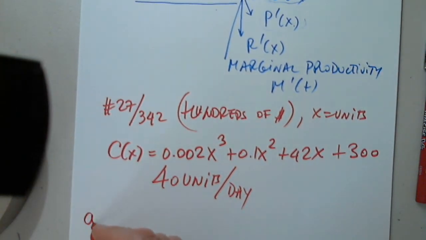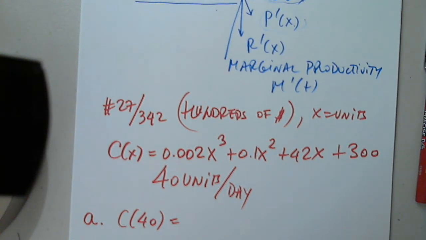So what are we asked in part A? Just to plug in 40 units. Absolutely. Thank you very much. I appreciate it. Good. So, you know me, I like to plug in the function. I like to see it. Okay, so 0.002.